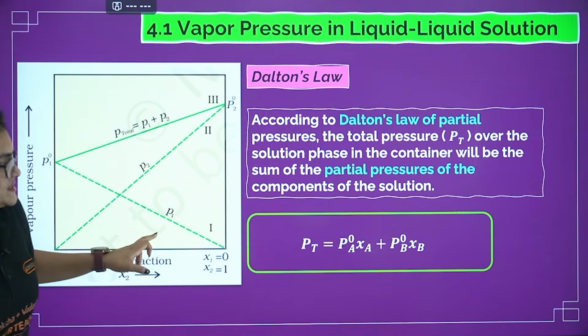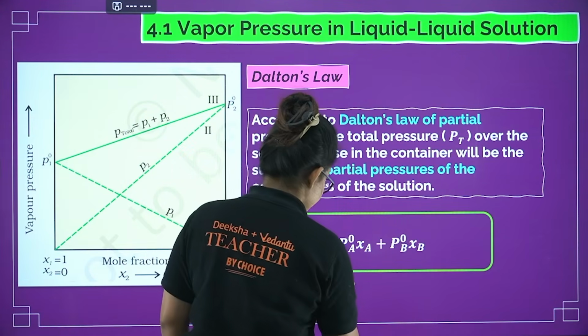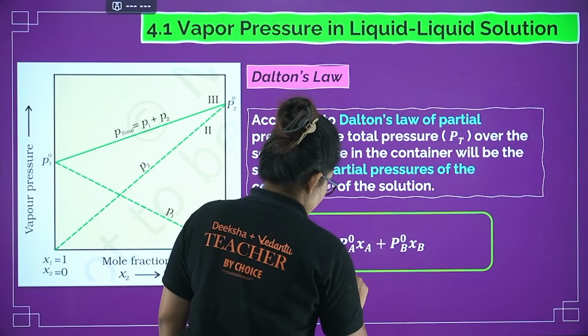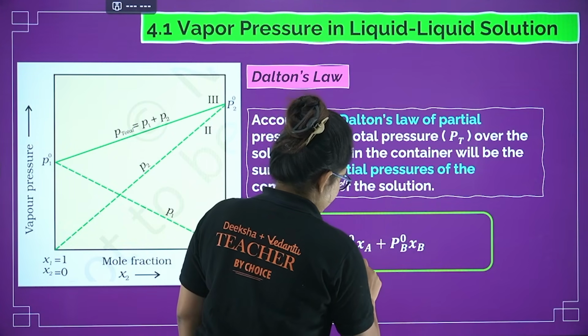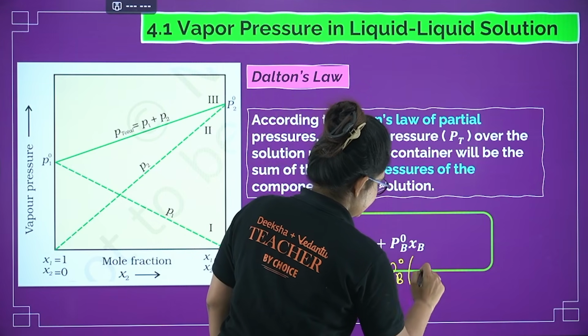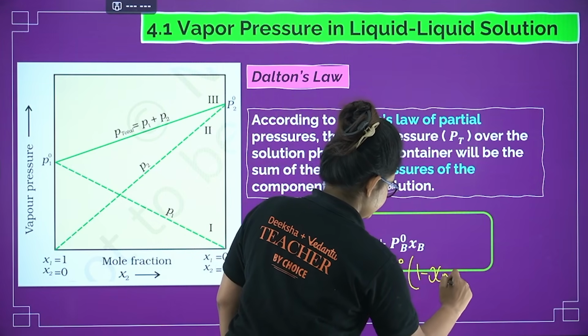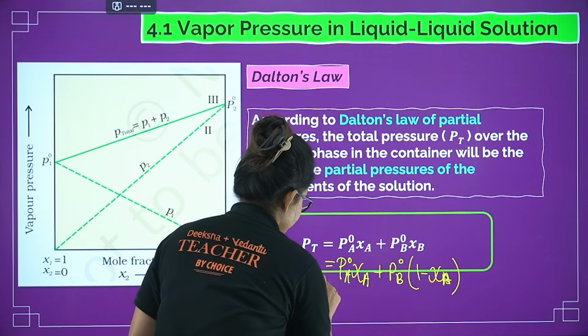Okay, so basically, if you just continue a little bit from here, I am having PA0 XA plus PB0. Here let's write 1 minus XA instead of XB. That is PT.